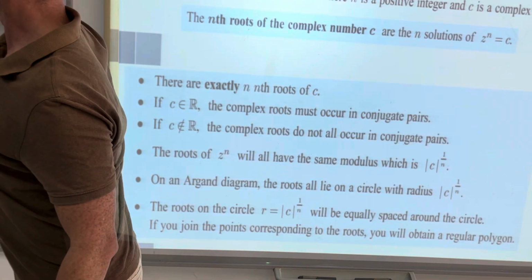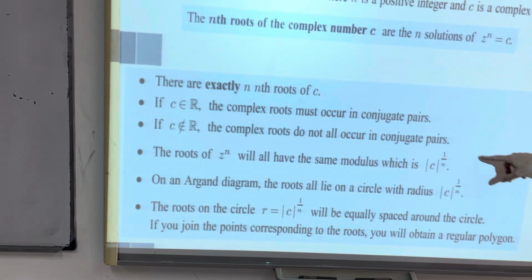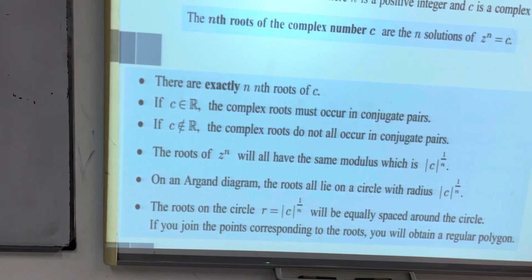If it's not a real number, if it's a complex number, they mightn't occur in conjugate pairs. They probably won't. I don't think so. It'd have to be on one of the axes. It won't be in conjugate pairs, but there will be some conjugate.